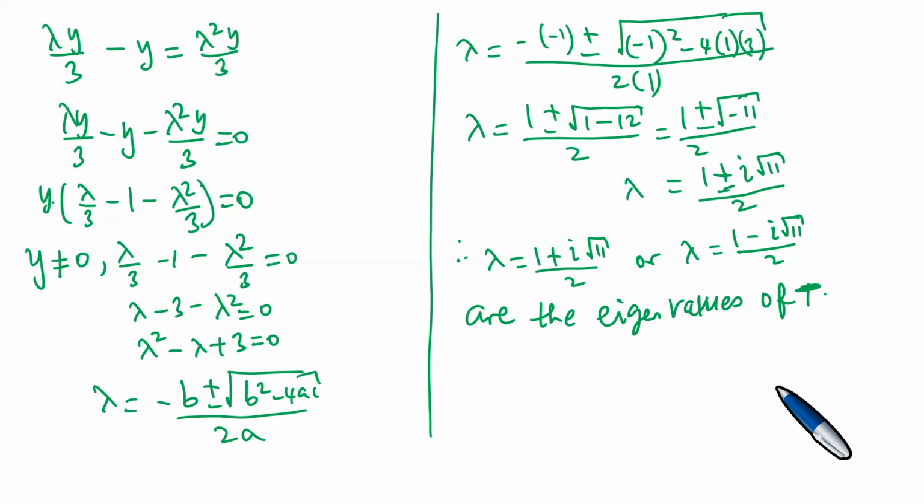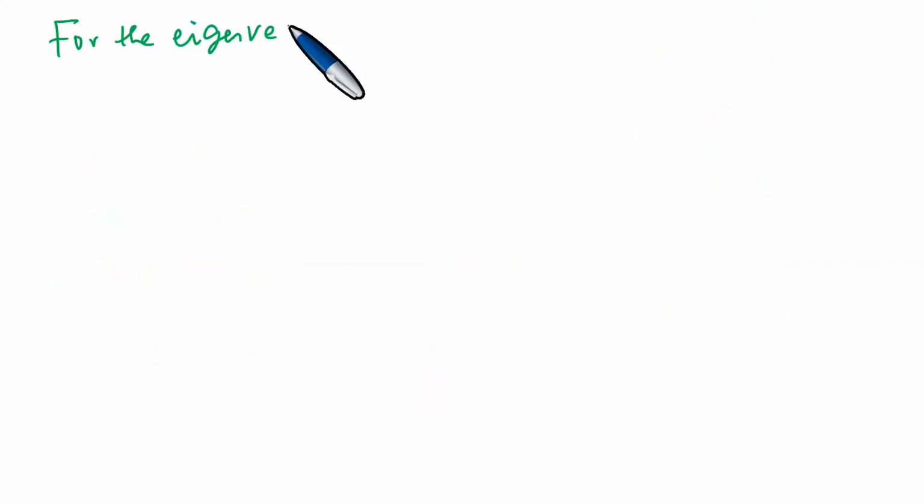To find the eigenvectors of T, we proceed as follows, with a case-by-case analysis.